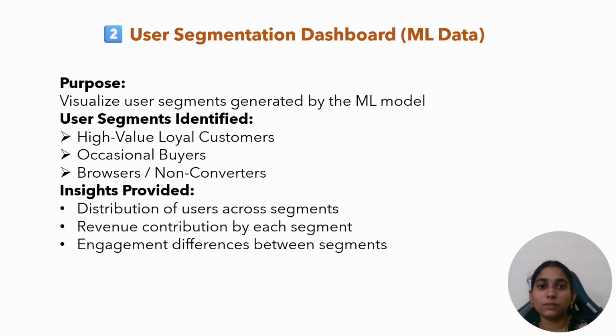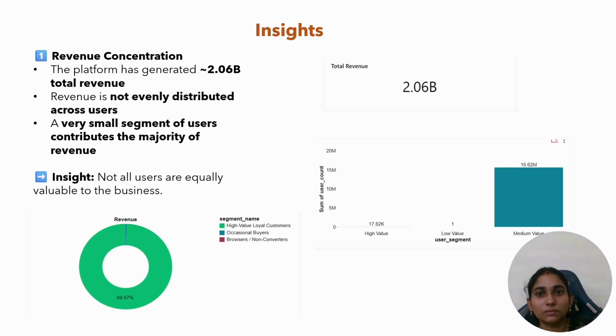This dashboard visualizes the user segments generated by the ML model. It shows segment distribution, revenue contributed, and engagement differences, making it easy to compare how each user segment behaves and contributes to the business. One key insight is that revenue is not evenly distributed across users.